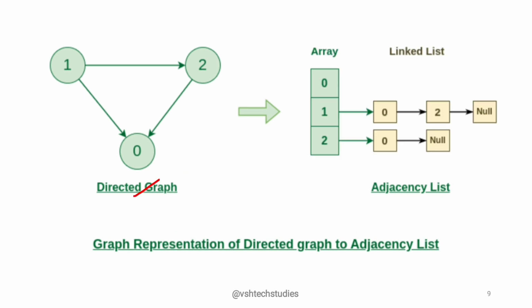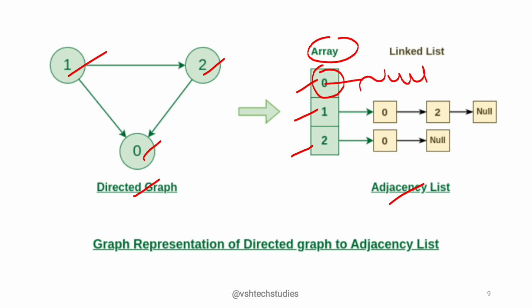Next for this directed graph, let us write the adjacency list. There are 3 vertices, hence the array size is 3 with index 0, 1, 2. In the first memory location no nodes are connected, hence null must be stored. Why? For vertex 0, no arrowed lines are connected to any of the nodes.